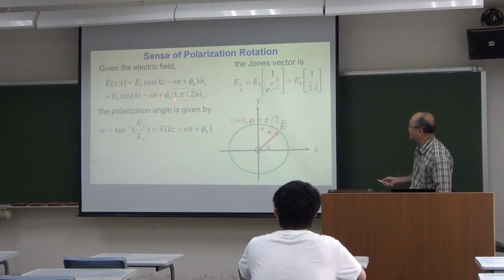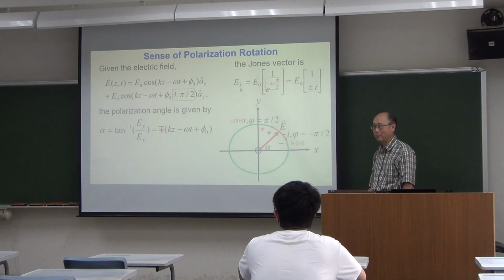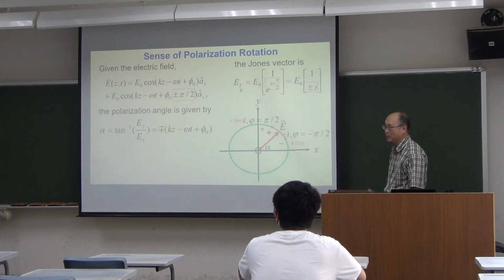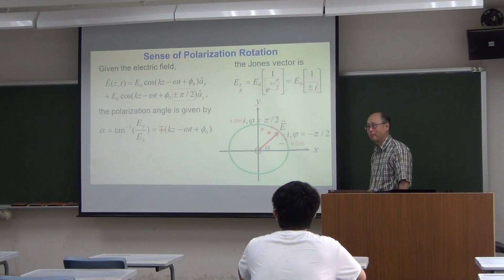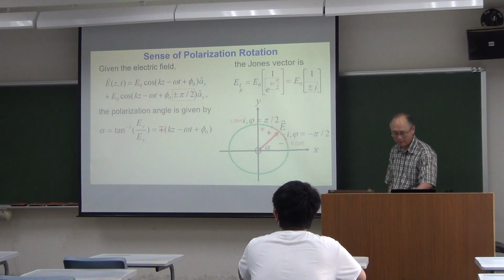When you adopt this minus sign, you end up with this minus sign here, but you have plus sign here. Then you know that the angle is decreasing with time, so you're going to have right polarization associated with this minus sign. Okay, and this is the same as before, except that we specify that the EX, EY have the same amplitude, so it becomes circular polarized light. Okay. All right.